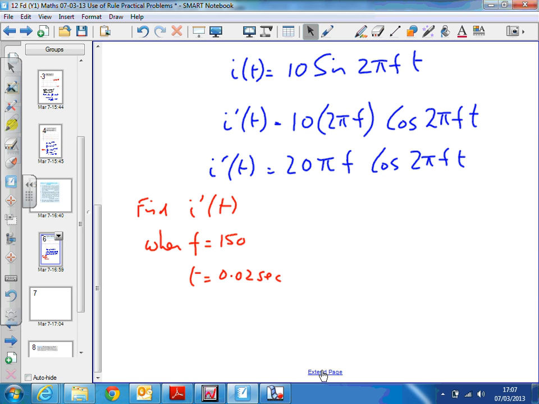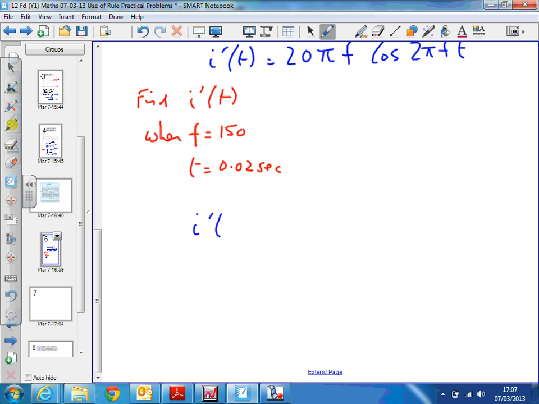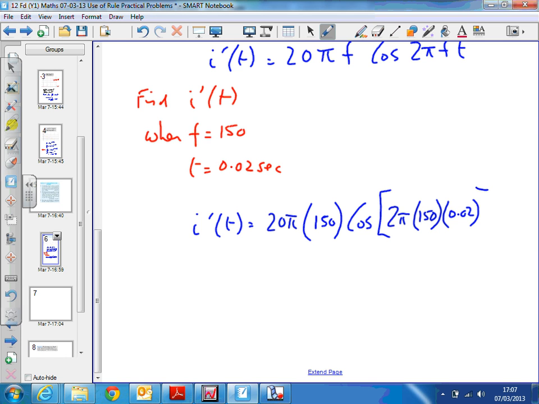So I can put those values in here. I prime t equals 20 pi times 150 cosine of 2 pi times 150 times 0.02. So it's the cosine of all that lot. That's what I'm putting in, effectively.